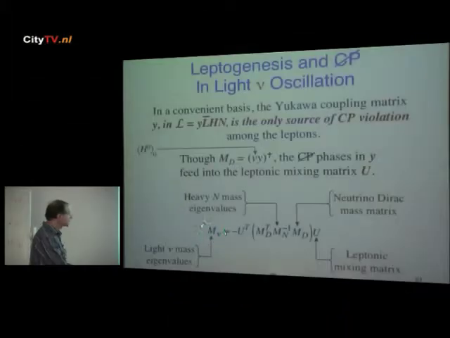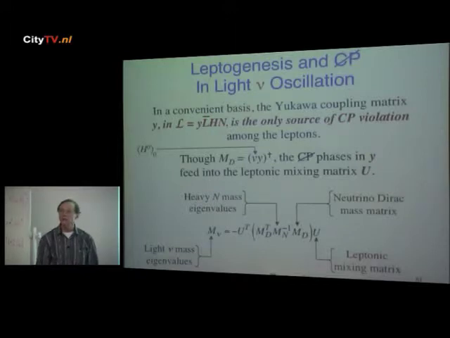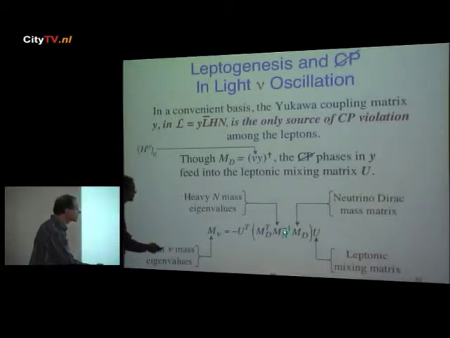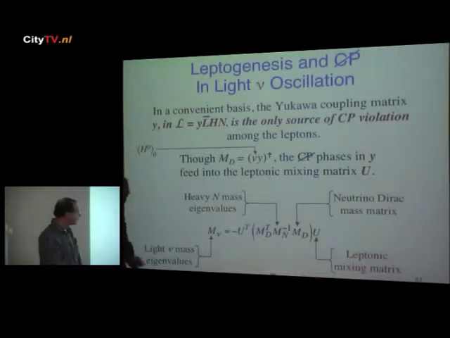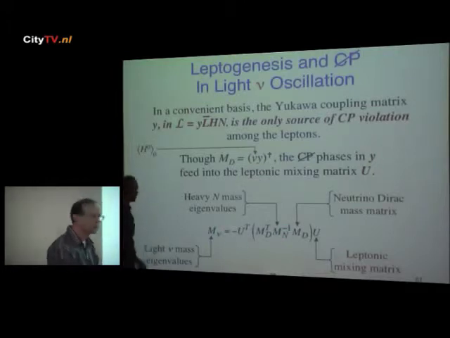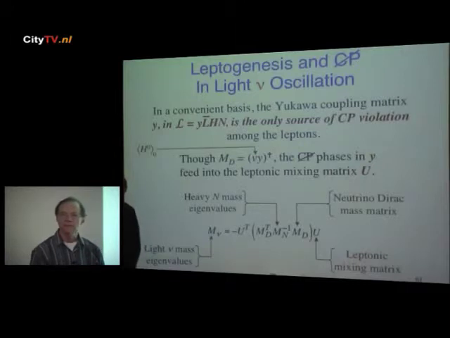This is the matrix which has been diagonalized and whose diagonal elements are the masses of the light neutrinos. So notice m nu is inversely proportional to M_N. That's the seesaw. The bigger M_N is, the smaller m nu is.